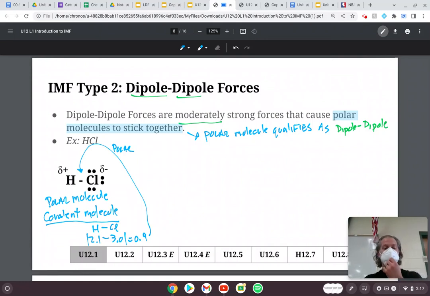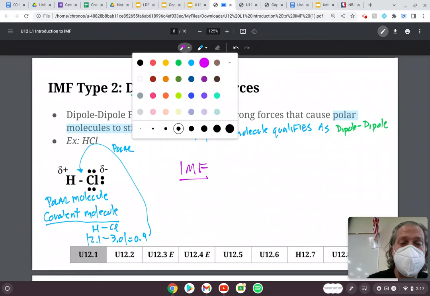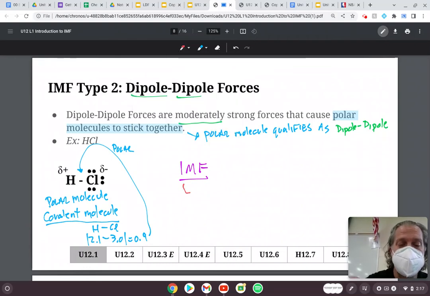And as a result of this being a polar molecule, this also tells me that the intermolecular forces of attraction present are going to be, again, London dispersion forces because it's covalent, but our new force, which is dipole-dipole.